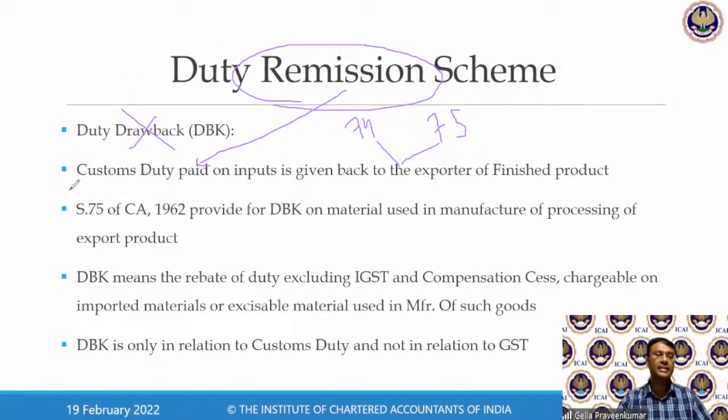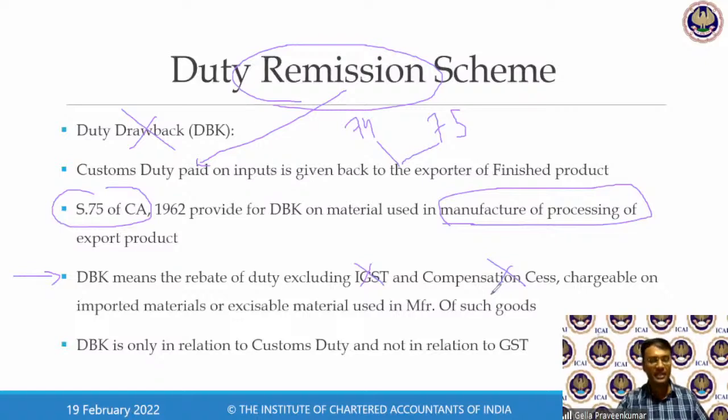So under section 75 of Customs Act, this DPK is given on the material where I pay customs duty or central excise, which is used in the manufacturing or processing of export products. This duty drawback excludes IGST, excludes compensation cess. Under duty remission, they don't give a benefit free hand to IGST or compensation cess.